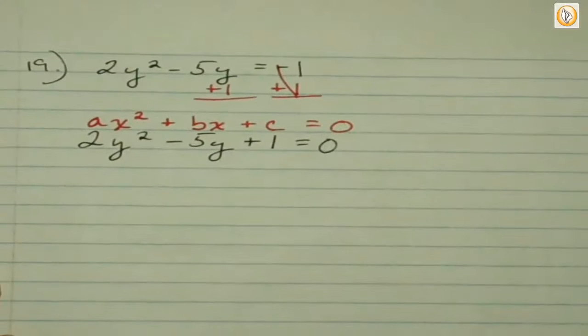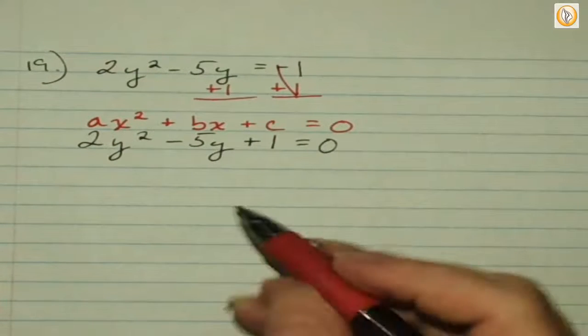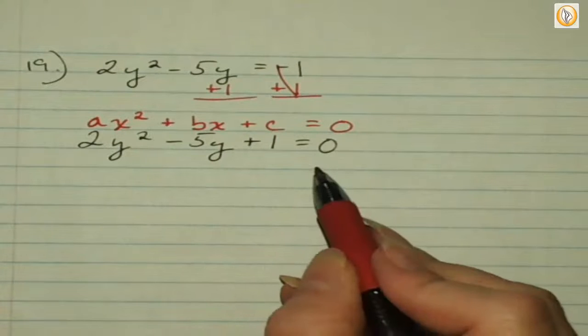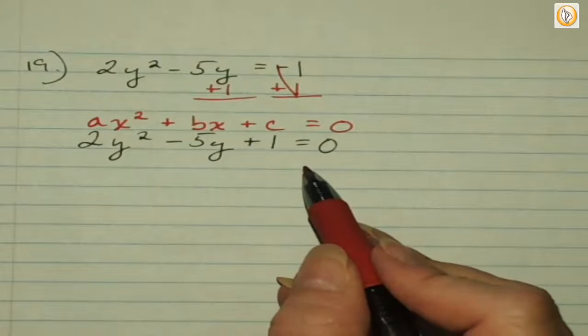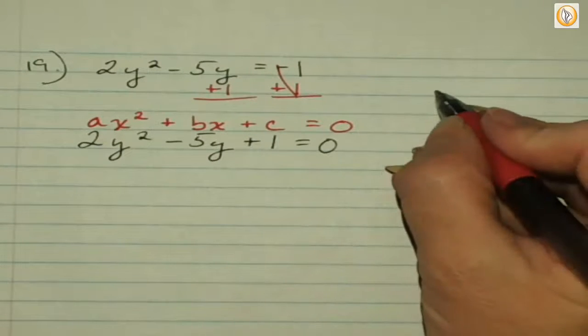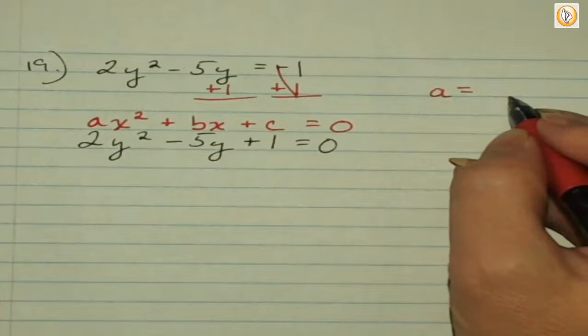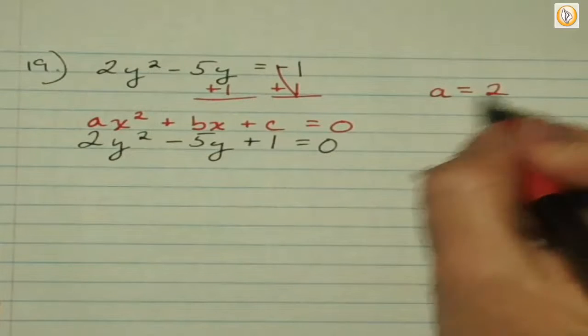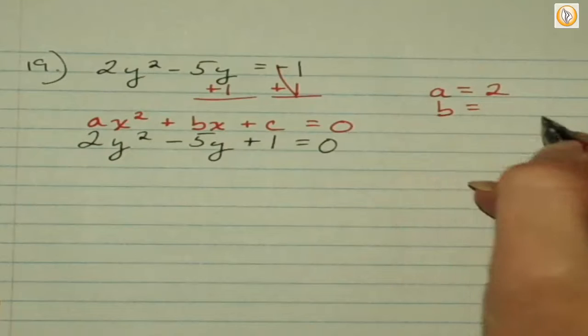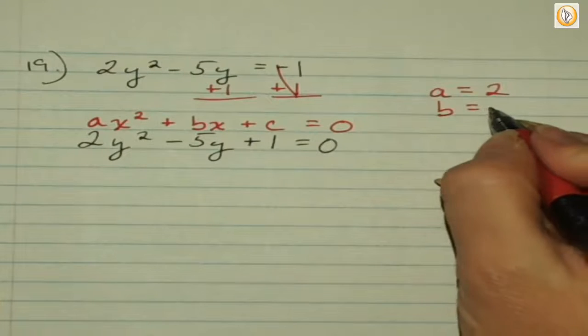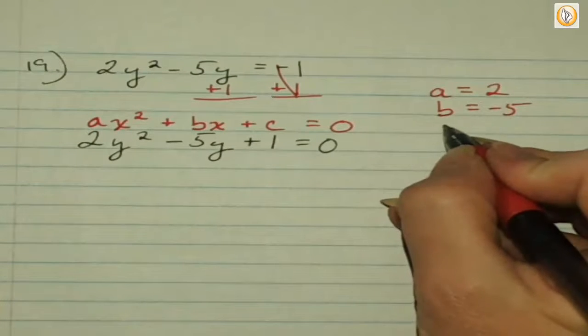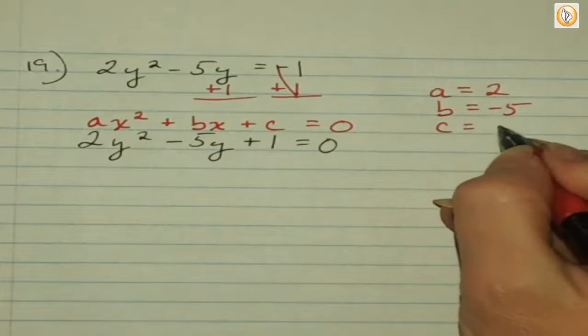Okay. Now, I'm writing it above because everything's got to be over here and equal to 0. All right, so what is my value of a, Michael? It is 2. And Gabby, what's my value of b? And Taylor, what's my value of c? 1.